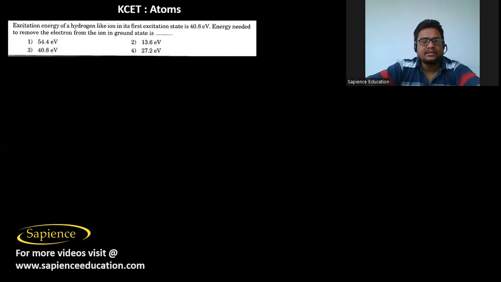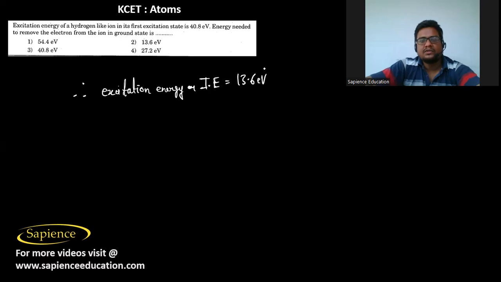Then here it is told the excitation energy of a hydrogen-like ion in the first excited state is 40.8 electron volt. So we know that the excitation energy, or I can say the ionization energy, is given as 13.6 electron volt into Z square by N square.